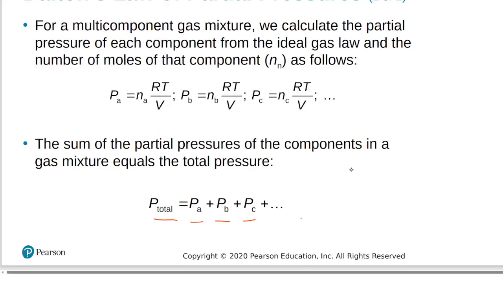And remember that pressure is equal to nRT over V for an ideal gas. And so if the total pressure is equal to the sum of the partial pressures, then we can say that the partial pressure of each of the components is also related to RT over V by the moles of that component. So we can get the moles of a component of a gas mixture from its partial pressure, and we can get the partial pressure of a gas mixture from the number of moles of that gas.